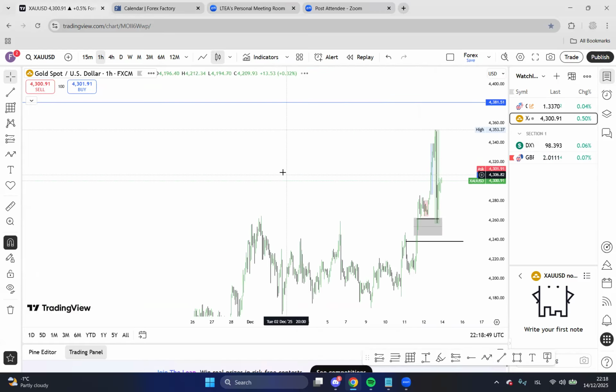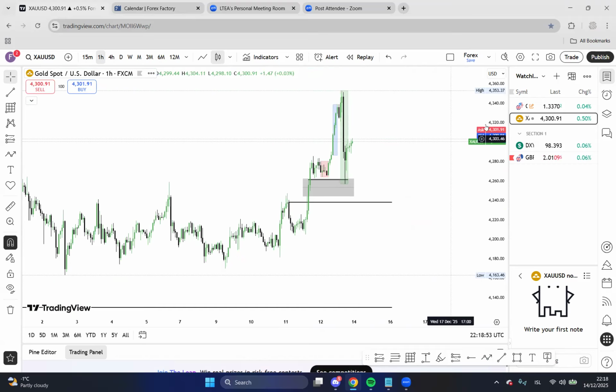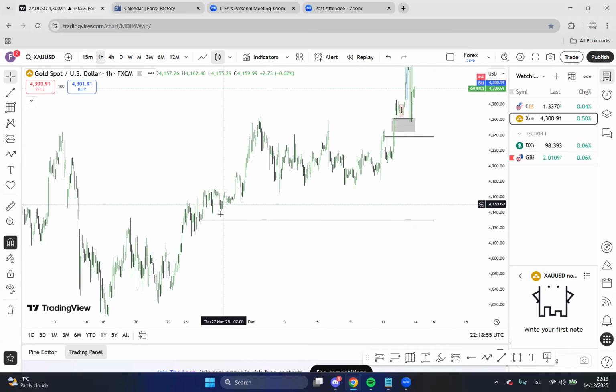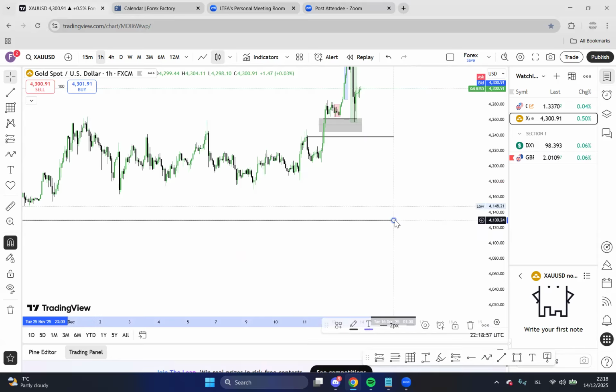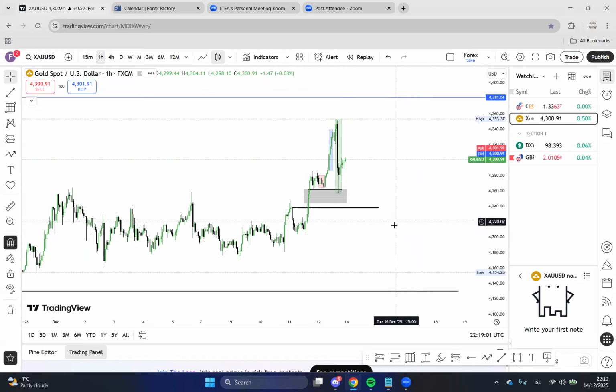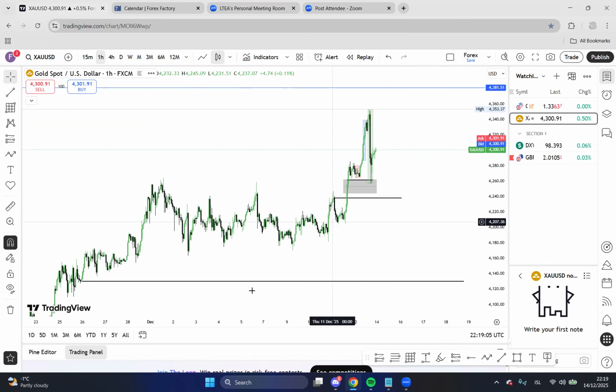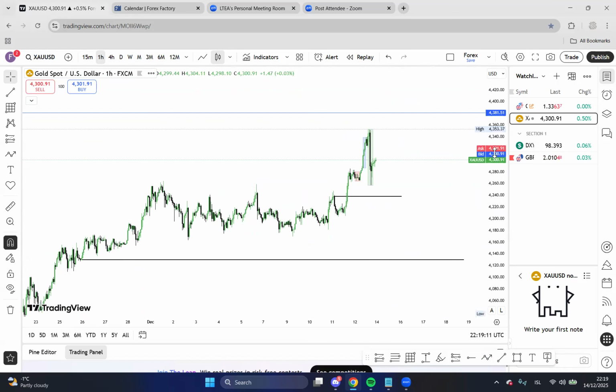Gold, I think it will take out this high right now before it will pull back down. I don't know. I still think gold may be pulling back down here if it wants to. Here to here is not far away, so we just accumulated for a few days before moving higher like this. Yeah, we are bullish. We're going to buy and sell for sure.